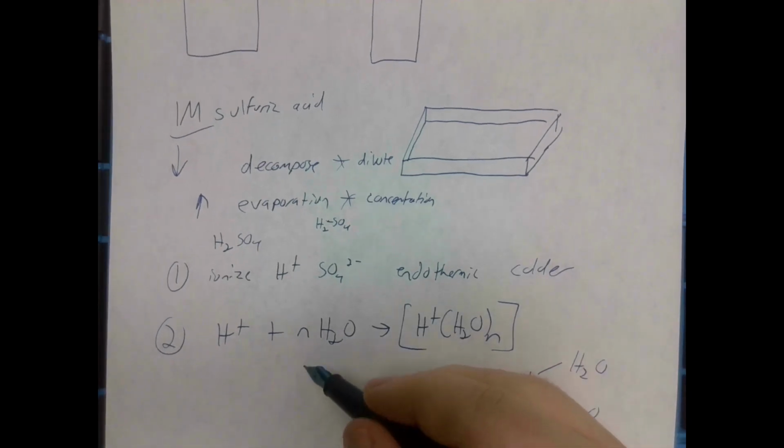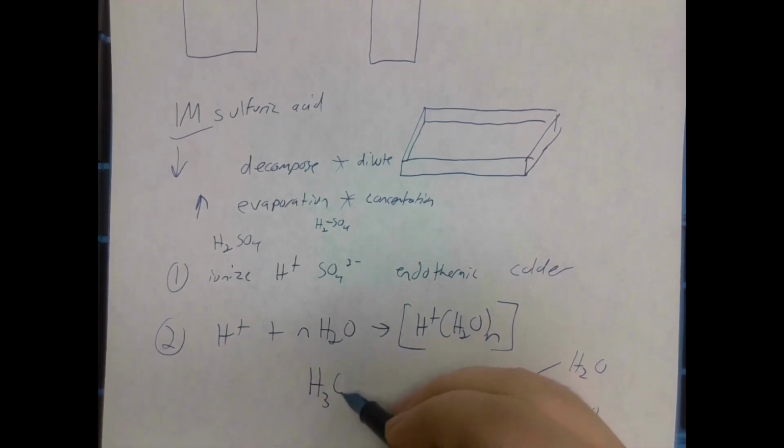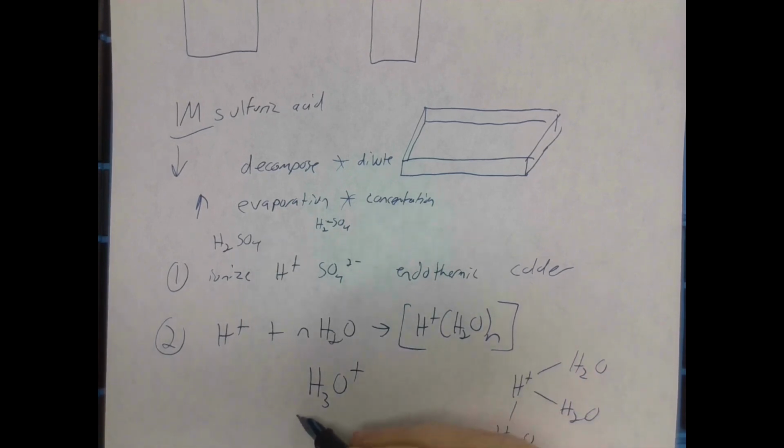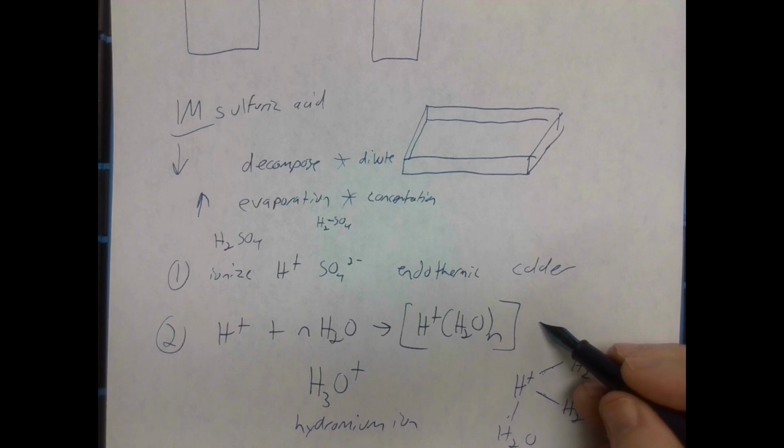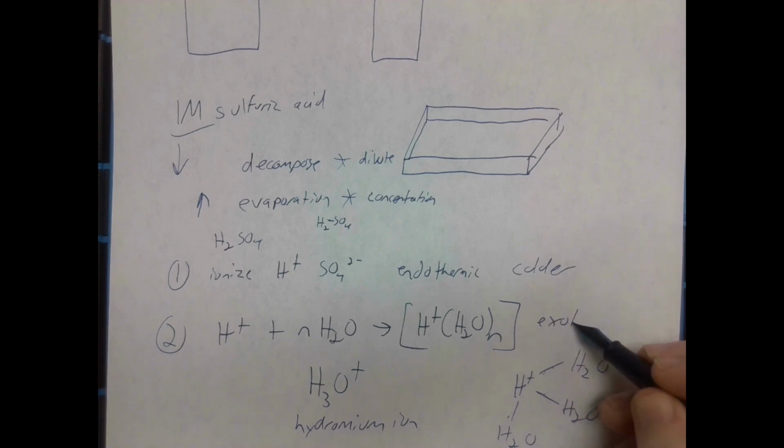And usually it's just one, and we write it as H3O plus, which is the hydronium ion. Anyway, to create these hydrogen bonds, this is called a hydrate, by the way, when you have a loose water molecule sticking to something. It creates energy, and this is very exothermic.